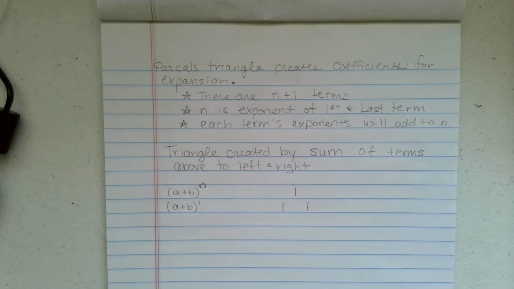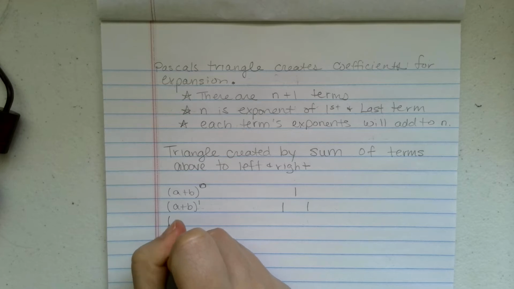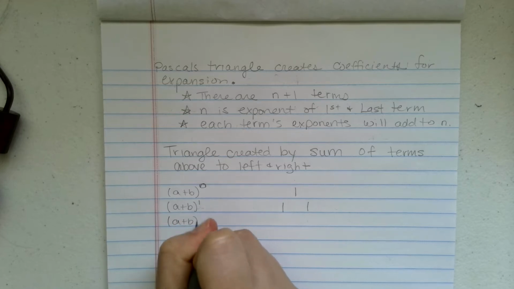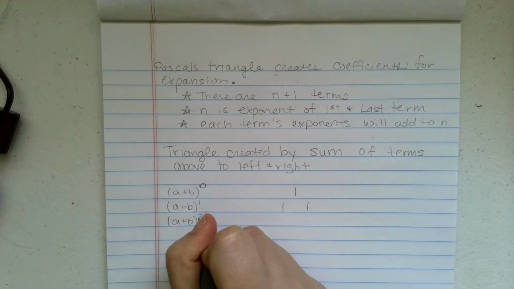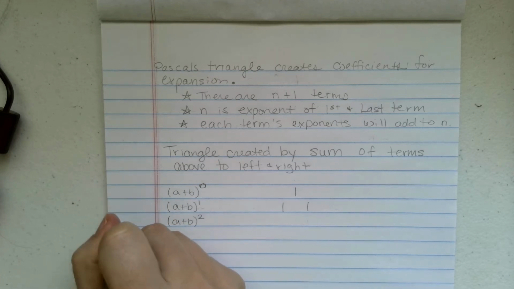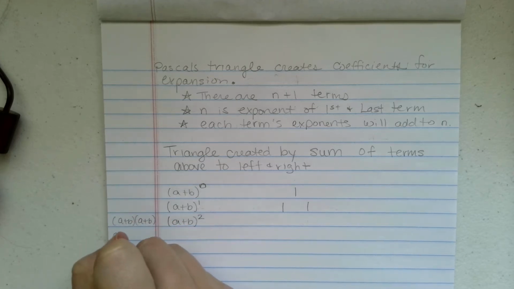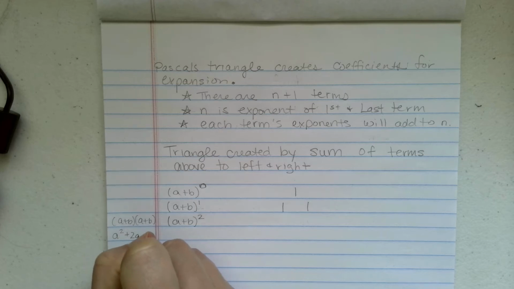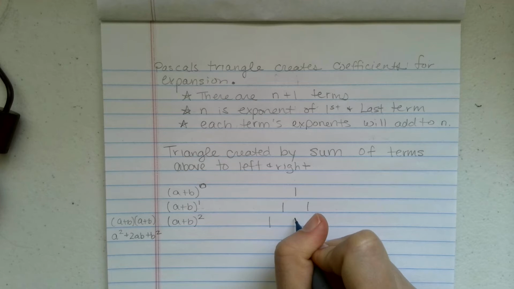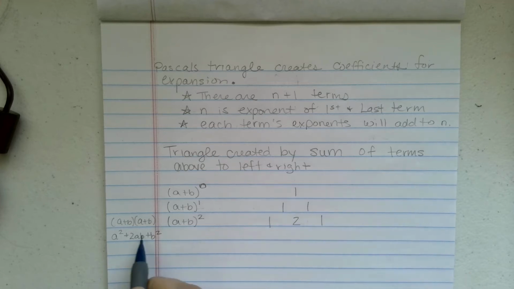It'll just be 1a plus 1b. If we took a plus b times a plus b, and we FOILed that, we would get a squared plus 2ab plus b squared. So we'd get 1, 2, and 1 as the coefficients for that term.